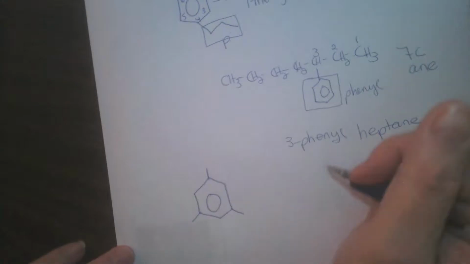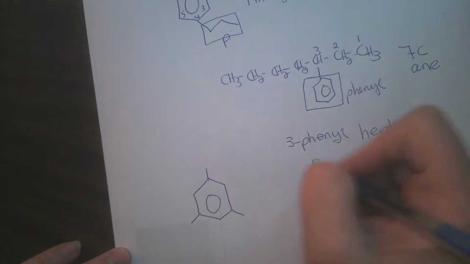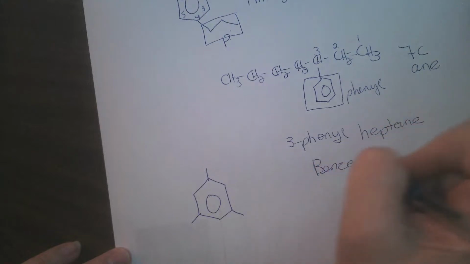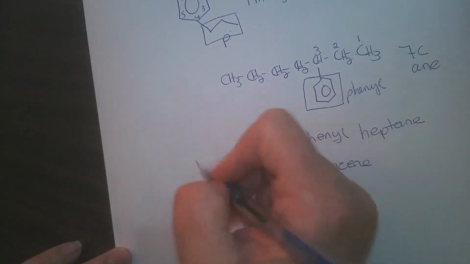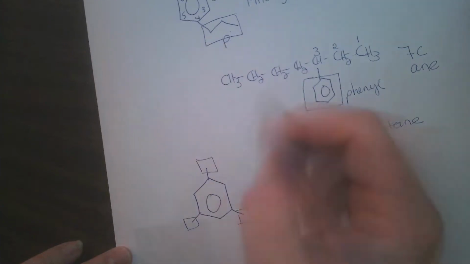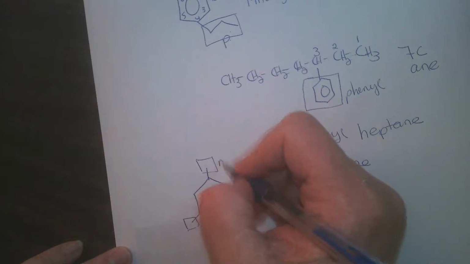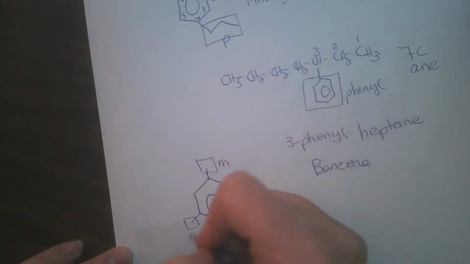First step. Benzene ring. Second step. And they are all what? Methyls.